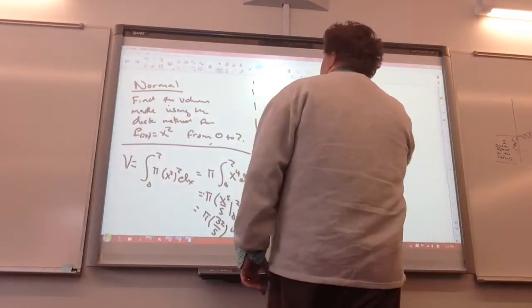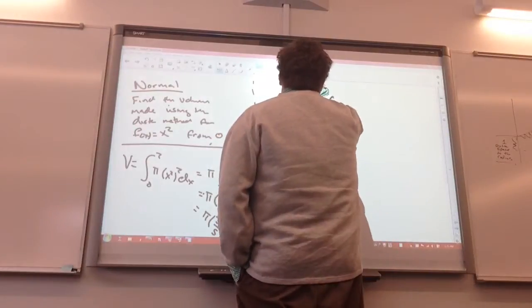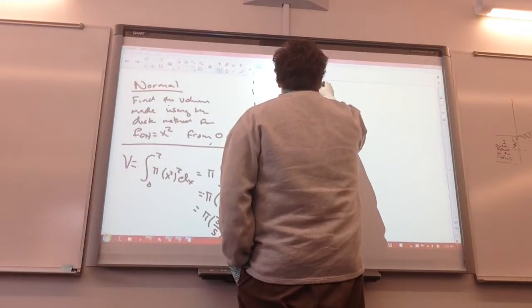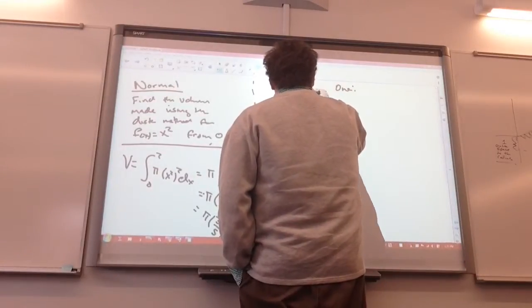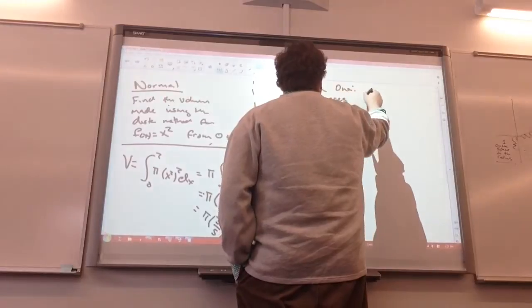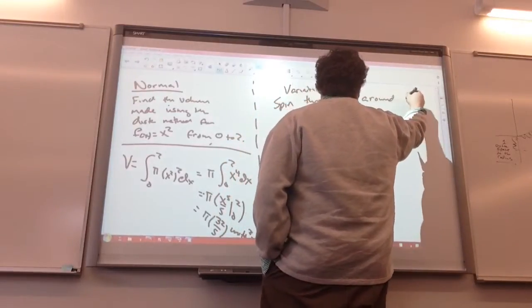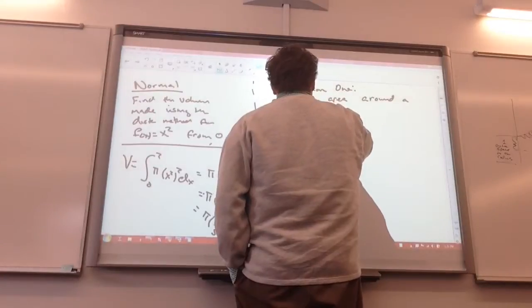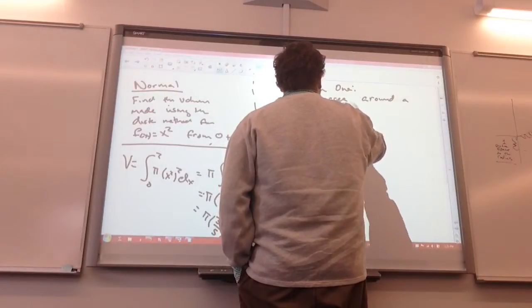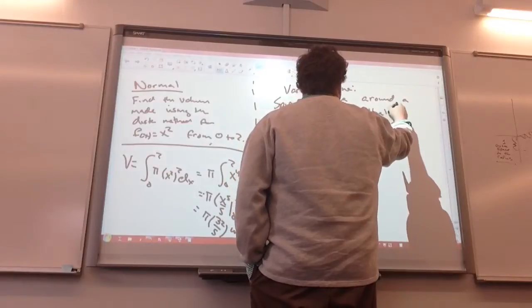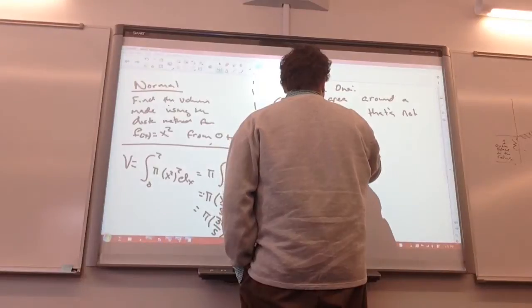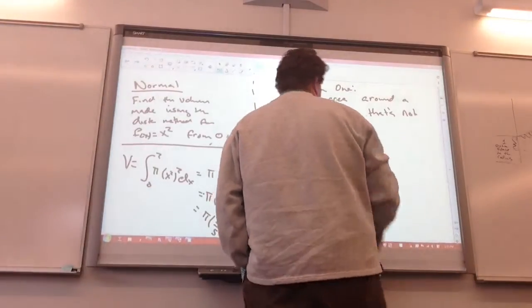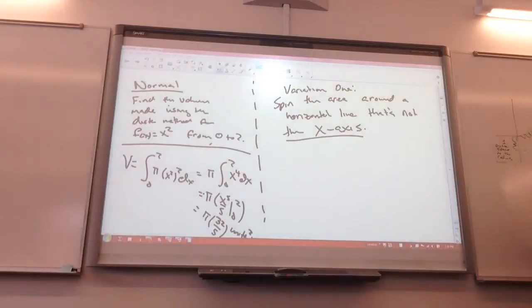So, basically variation 1: spin the area around a horizontal line that's not the x-axis. Let's do an example of this.